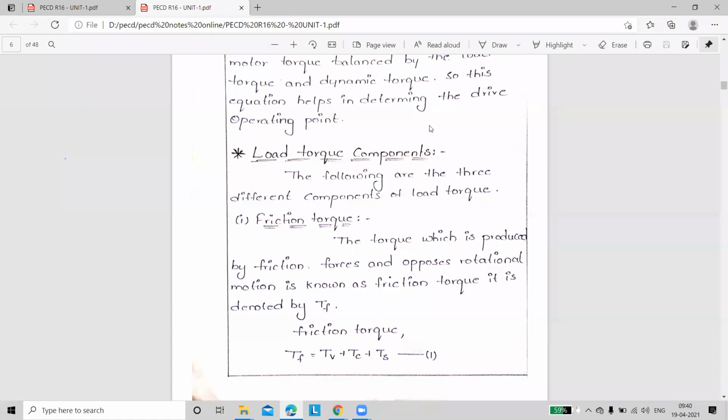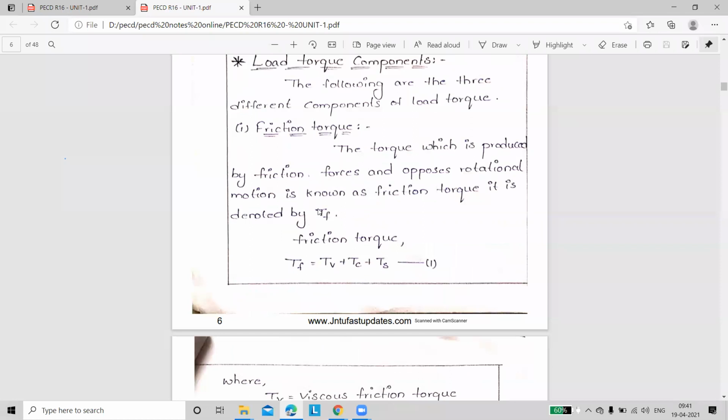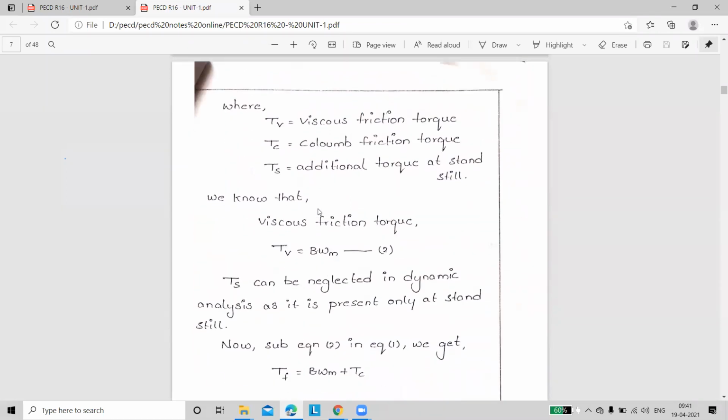Why? Because in those cases you are considering mechanical rotational system and mechanical translation system. In those cases only you are getting the friction torque. So due to friction, a torque which is produced is known as friction torque. And just the basic definition is enough, no need for the derivations.